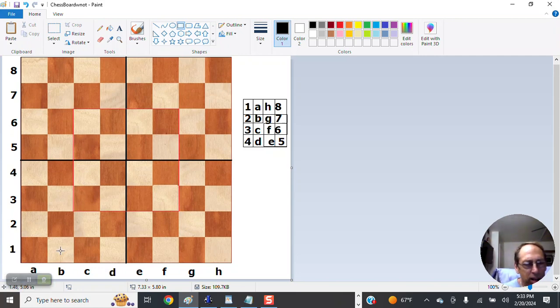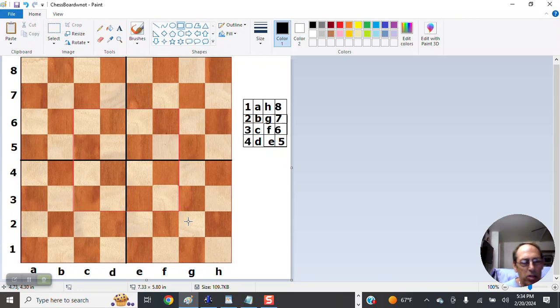If you don't already know that B and G files are where the knights belong, and C and F are where the bishops belong. The queen is on D, the king is on E, and the pawns are in front of these pieces. So we have pawns in every file, on the 2nd rank and on the 7th rank at the beginning of the game. But for now, let's just try to get familiar with the letters and numbers of the different squares here.